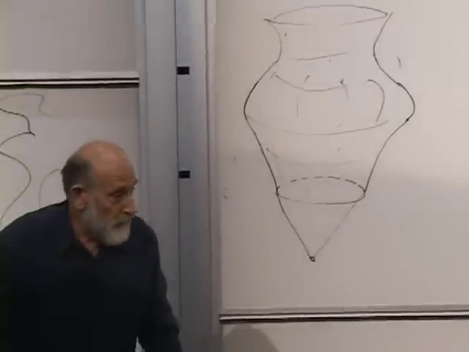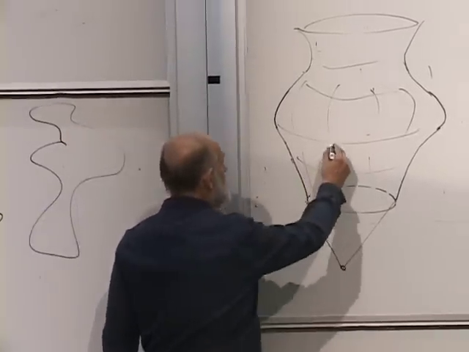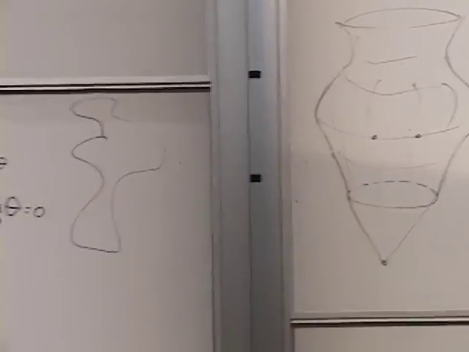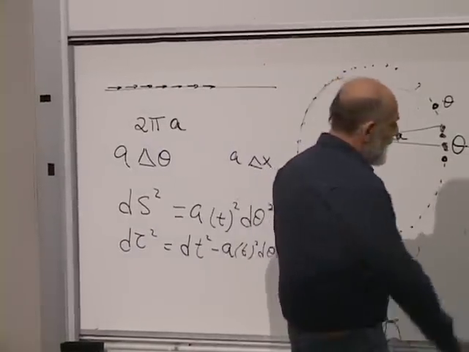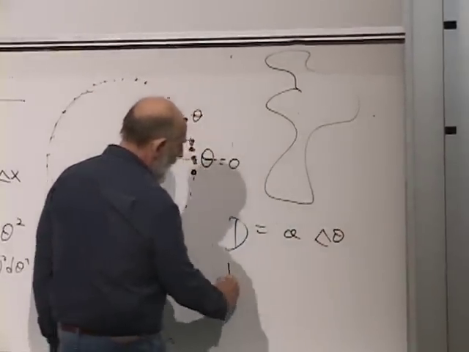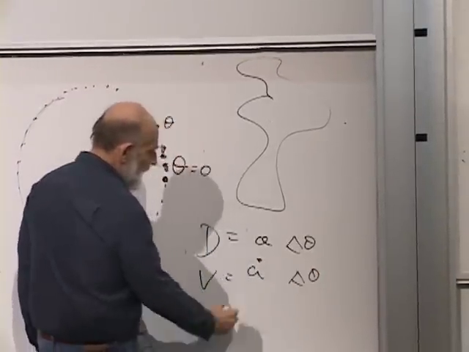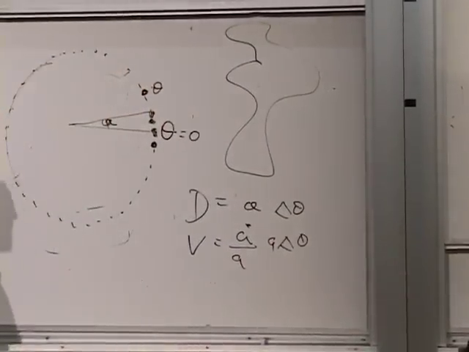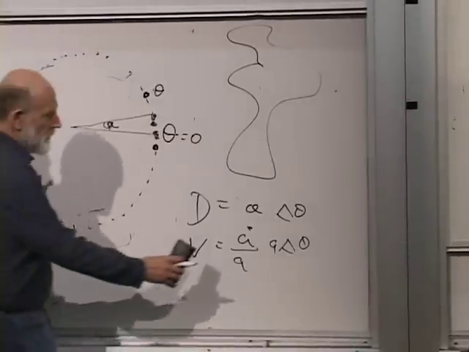In this universe, Hubble's law is still correct, for exactly the same reasons as before. The distance between two points again involves A times delta theta. Distance is A delta theta. The velocity is A dot times delta theta, and that's the same as A dot over A times A delta theta, which is the Hubble constant, A dot over A, times distance.